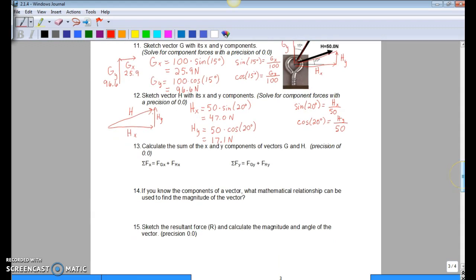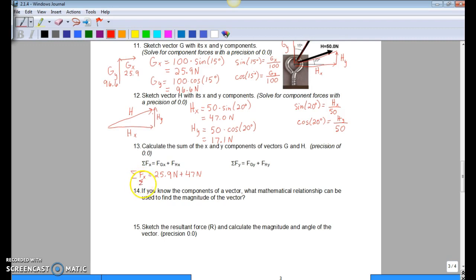In 13, they're asking us to sum the forces in the x direction, and the y direction. We'll do the x direction first. So in the x direction, our g force in the x direction, we found 25.9. And that again is positive. And we just found h of x to be 47.